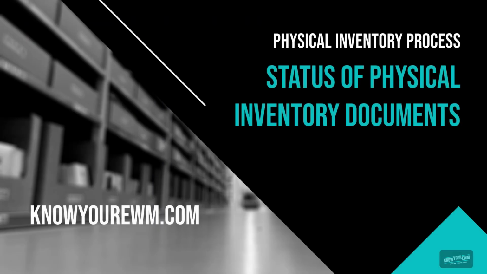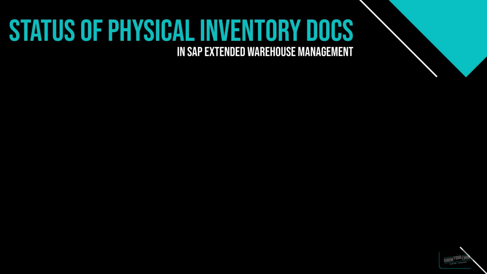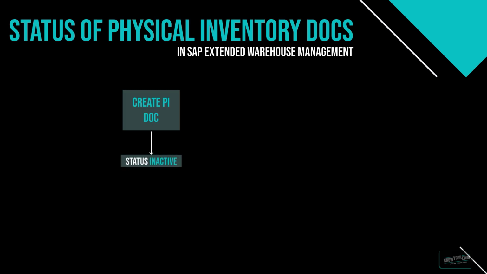Status of physical inventory documents. During the physical inventory processing, the document, in this case the physical inventory document, can have the following statuses depending on the progress. When creating the physical inventory document, the status is inactive. When you activate the physical inventory document, the status is obviously active.